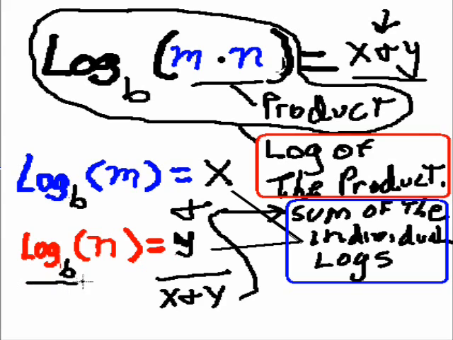And log base B of n is equal to y. And if we add up x plus y, we get the what? We get the sum of the individual logs. That's what we get. And this x plus y is equal to this x plus y in the upper right-hand corner.